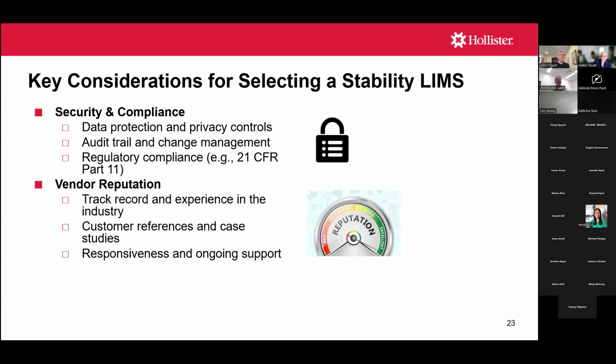Security and compliance. Of course, I think you'd be hard pressed now to find a commercial LIMS out there that wasn't Part 11 compliant, or didn't have audit trails, data protection, those types of things.